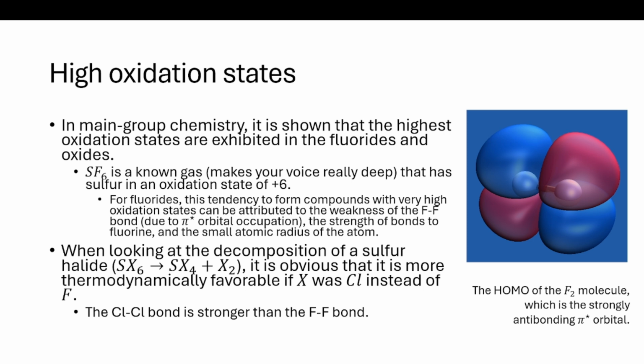Now, when you look at the decomposition of a sulfur halide, not specifically sulfur hexafluoride, it could be any halide, it's more obvious that it's thermodynamically favorable if the halide was chlorine instead of fluorine. That's because the chlorine-chlorine bond is going to be stronger than the bond between two fluorines in the diatomic fluorine molecule.